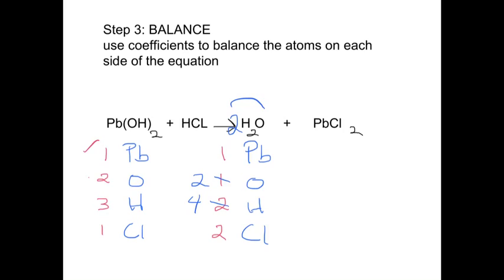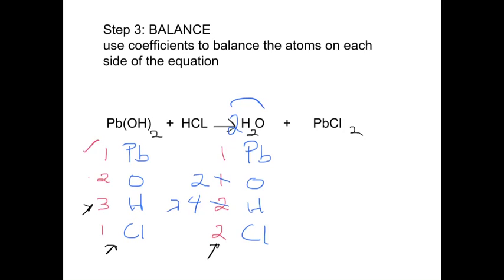Moving down to the next atom, hydrogen, I have 4 atoms on this side and 3 atoms on this side. Well, that seems to be a little complicated. Maybe what we can do is just go down to the next one and see if it'll all work itself out. I have 2 atoms of chlorine on this side and only 1 here.